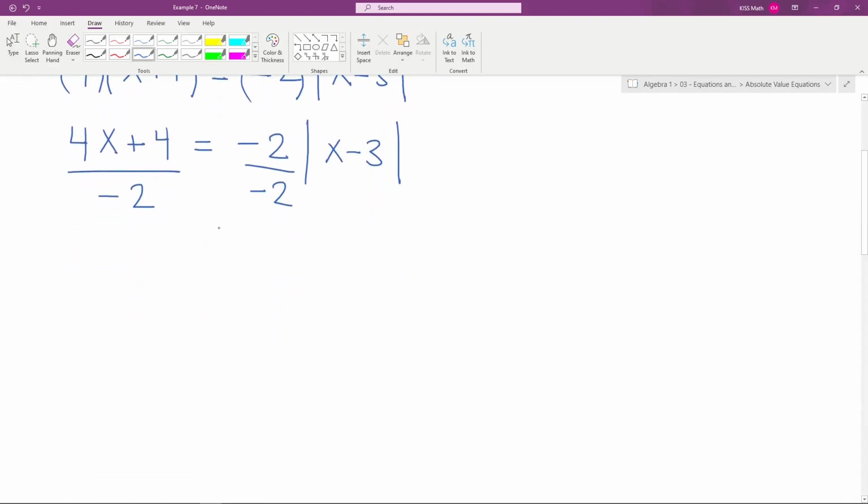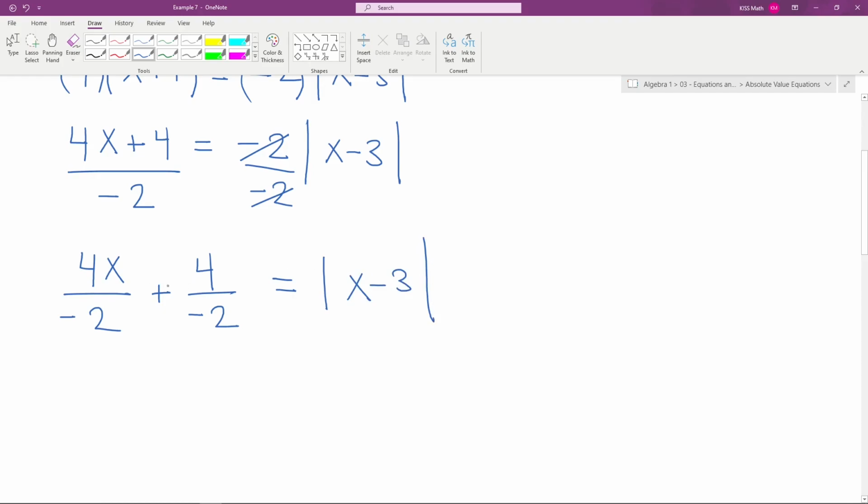So if you recall, if we have a fraction and we're adding them and they have the same denominator, we can write this as 4x over negative 2 plus 4 over negative 2. And these negative 2's will cancel over here. So we're just left with the absolute value of x minus 3.